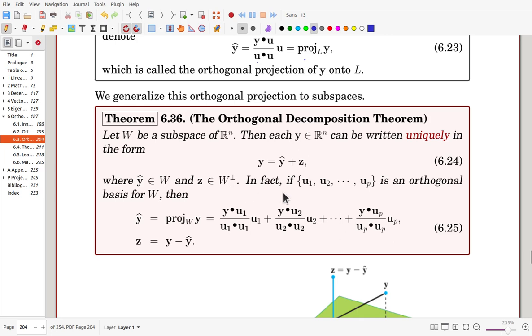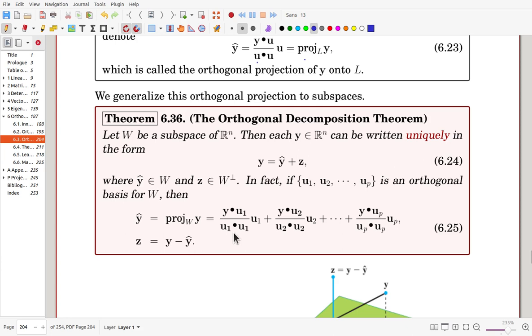And if u1 to up is an orthogonal basis for W, then y hat, the projection of y onto W, can be written in this way. And after getting y hat, z can be computed with this equation.